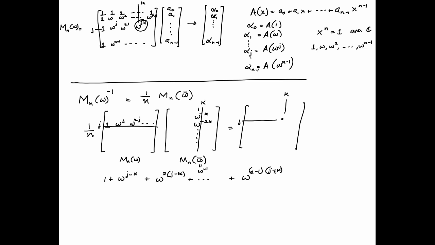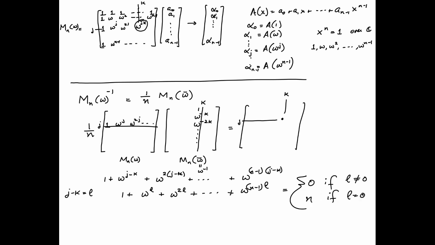And now remember, if we let j minus k equal L, then this is of the form 1 plus omega to the L plus omega to the 2L, up to omega to the n minus 1 times L. And remember, a property that we saw is that this is equal to 0 if L is not equal to 0, and it's n if L equals 0.